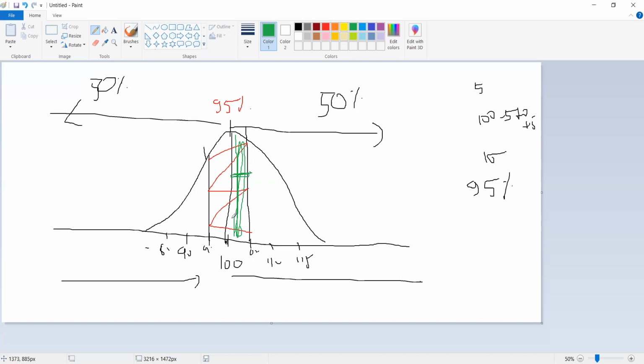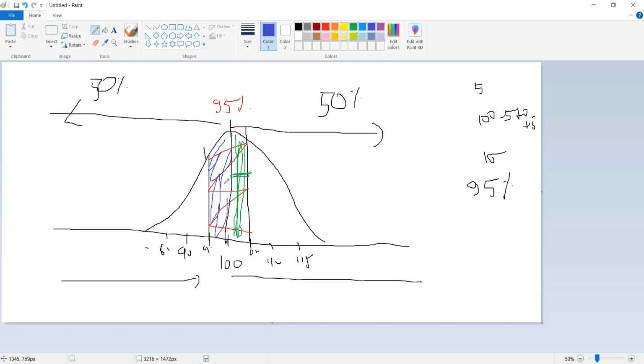I'm asking, what is this? What is 95 by 2? Yes, 47.5. If this is 47.5, then what is this blue area?